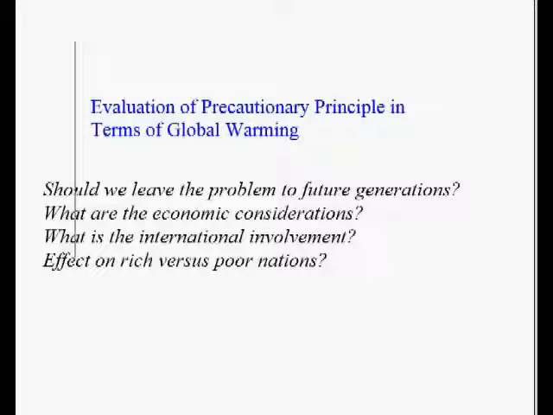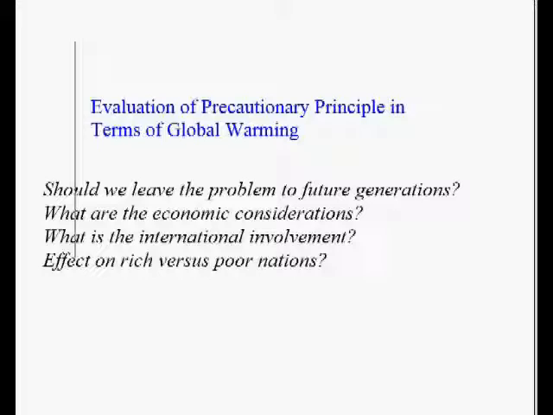Number three, what is the international involvement? So the reason we didn't sign the Kyoto protocols was that we are the ones who would suffer the most from limiting industrial output. Other countries wouldn't. Or a lot of people in the United States have said, hey, you know, why should we go ahead and sign this agreement if other big countries like China, for example, are refusing to sign this agreement?